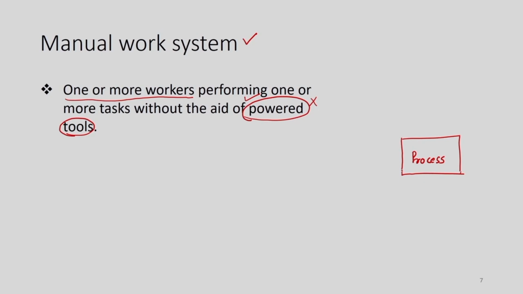Theoretically, if we try to draw a block diagram for that, there is a process, a human being, that is a worker, and a set of hand tools.